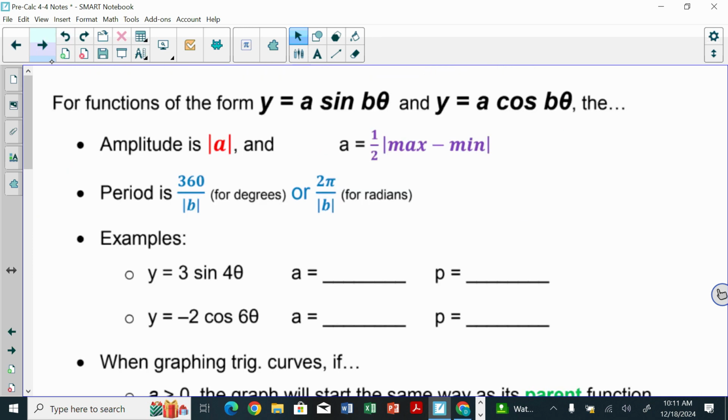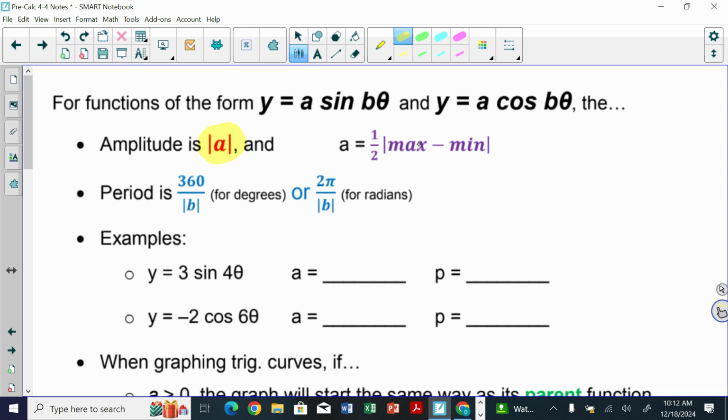So let's talk about some of the things and what they do with the graphs. First, if you have a function y equals a sine b theta or y equals a cosine b theta, the a value, if we take the absolute value of a, and it's got to be the absolute value, then that's the amplitude.